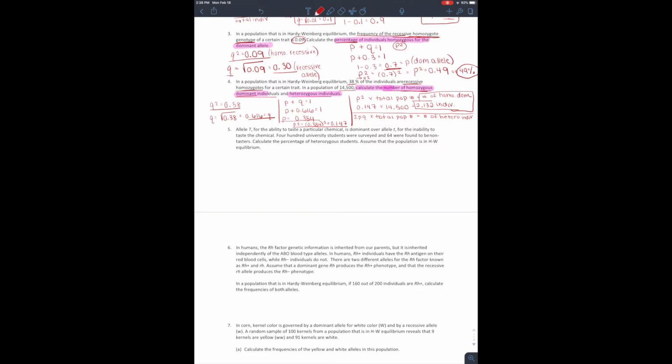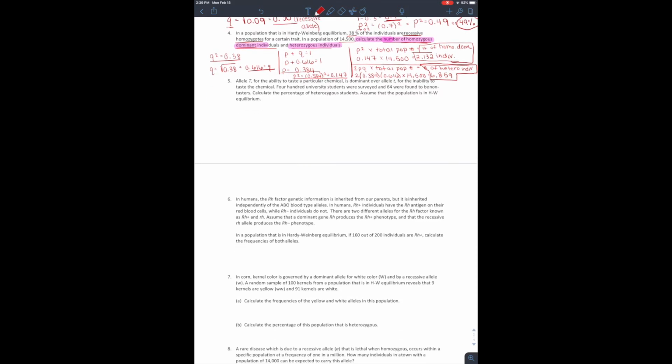So 2PQ: our p-value was 0.384, Q was 0.616, our total population was 14,500, and when I break down that math, I'm going to get 6,859. So the number of heterozygous individuals in this population is 6,859.